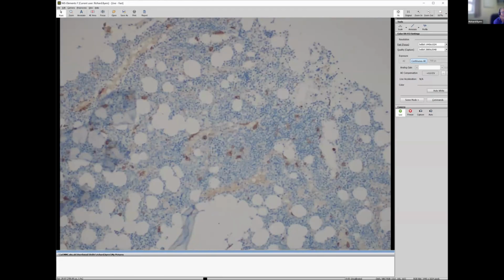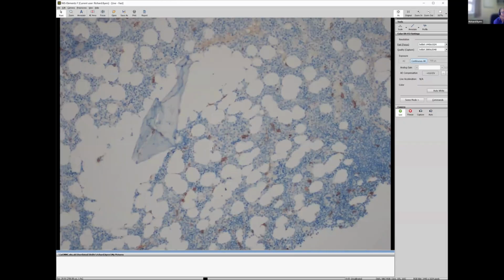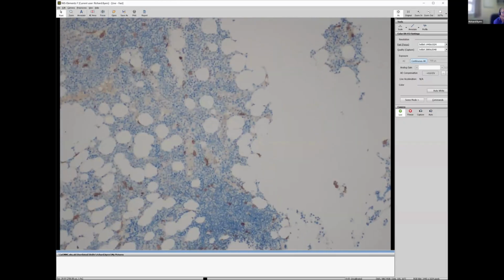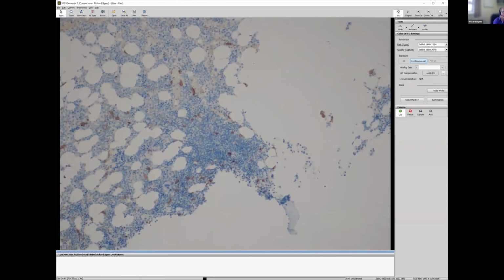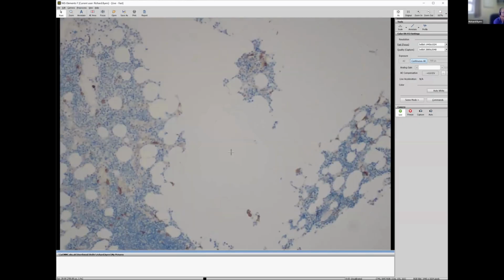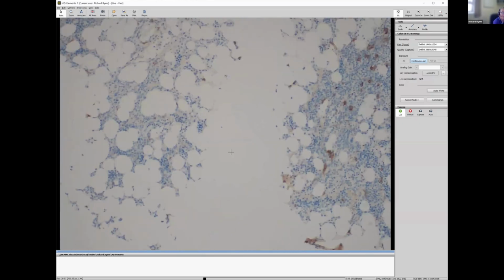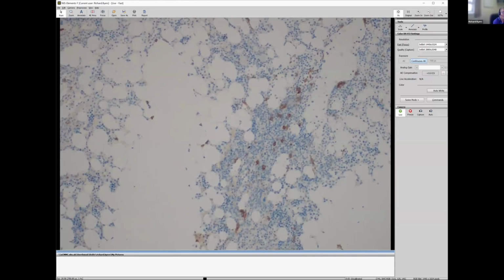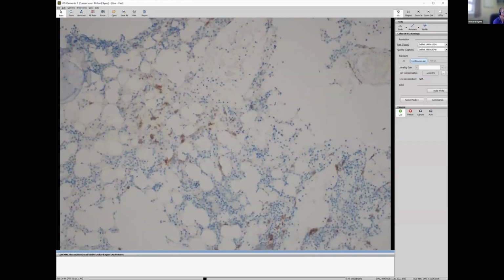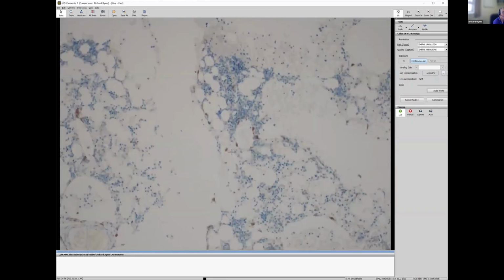Probably, I'd say at least 25% of the mast cells are spindle-shaped. These aggregates are not aggregates of mast cells, so they're negative for mast cells. These are lymphoid, and they're a mixture of B and T cells on immuno. But all the mast cells are lying singly, and we haven't really got any aggregates of mast cells.